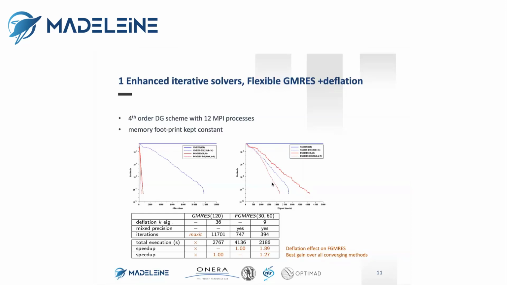So they demonstrated that these solvers have an increased level of robustness, and furthermore, you can see how the most sophisticated solver, which is the flexible GMRES in combination with the deflation techniques, can achieve a speed up with a factor around 2. In the worst case, the speed up is around 30%.